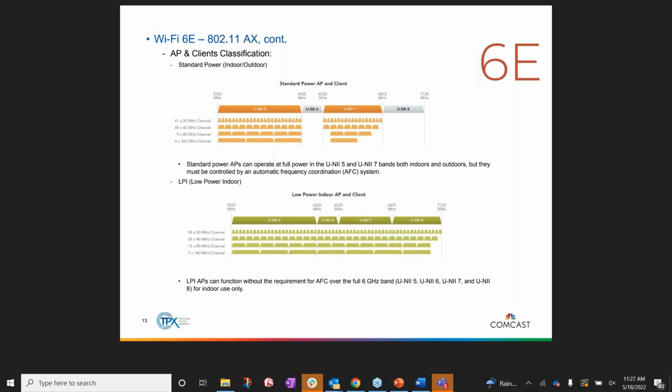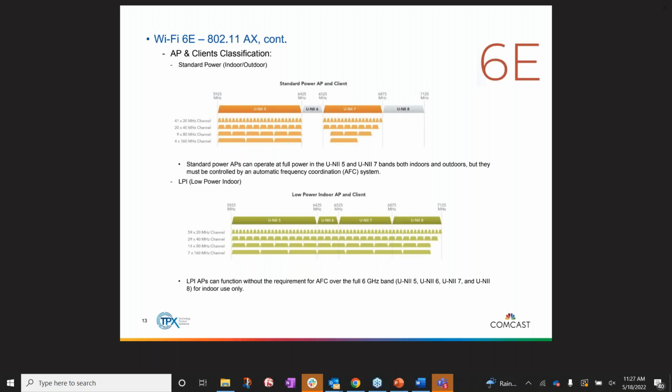Now, even these standard-power access points have to go and register in this database. Before the access point starts operating, it has to communicate with the database and provide some input: this is my geolocation, this is the power level I'm trying to bring up, and this is my antenna coverage.